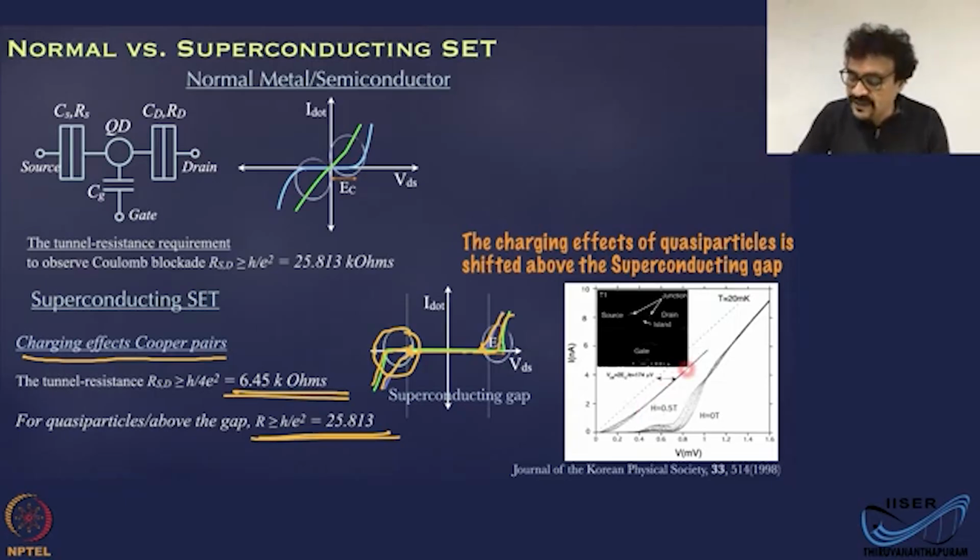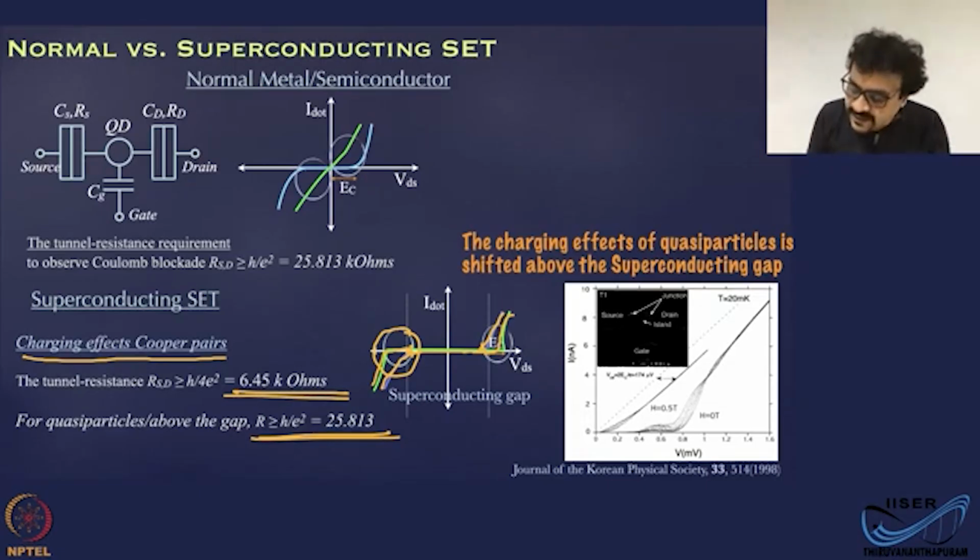So when you apply the field, the features associated with the Cooper pair transport, these are the Josephson quasi-particle cycle and double Josephson quasi-particle cycle, which are not going to be a part of our discussion, but these features involve sequential tunneling of Cooper pairs and quasi-particles, which are actually signatures of correlated transport involving both the electrons and Cooper pairs.